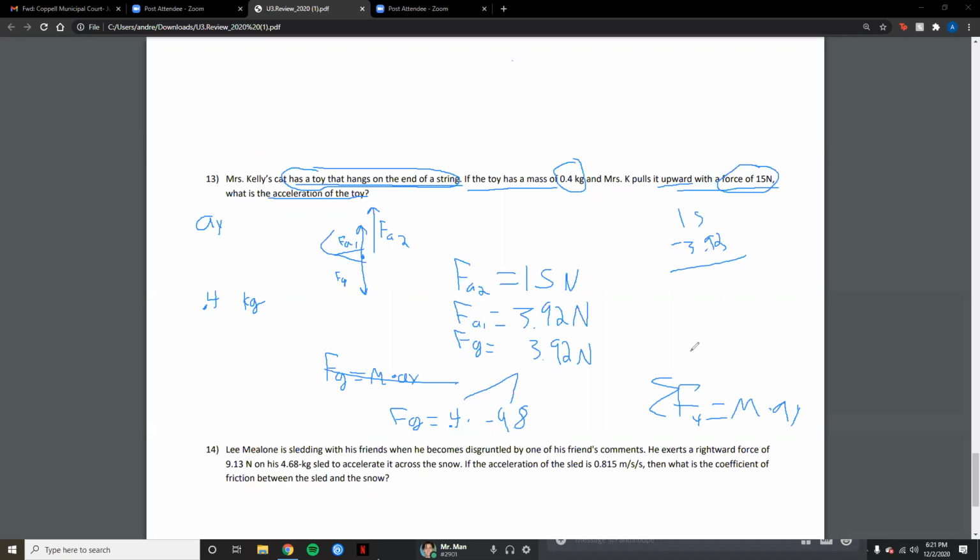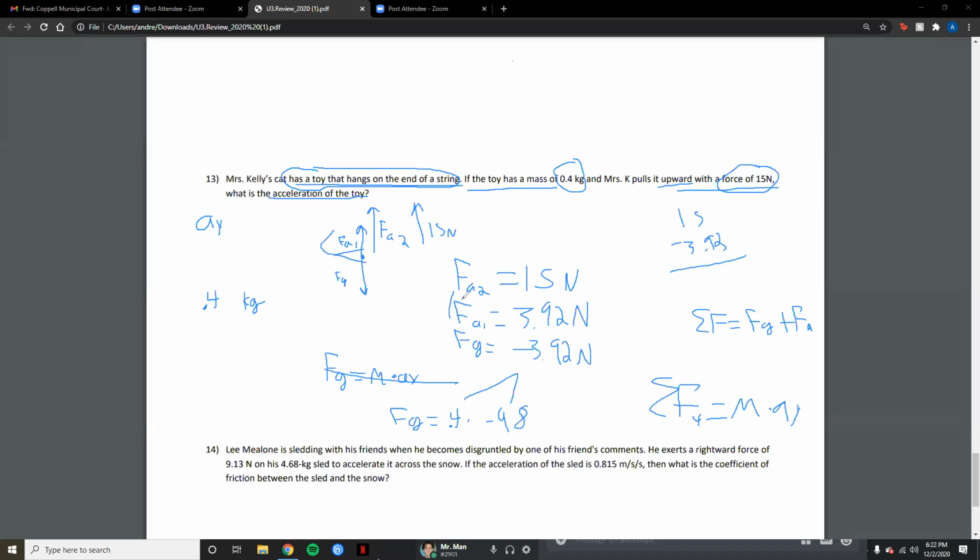All right, let me just think about this. So that equals F of g plus F of a. So it's going up a total of 15 newtons. She words these a little tricky.